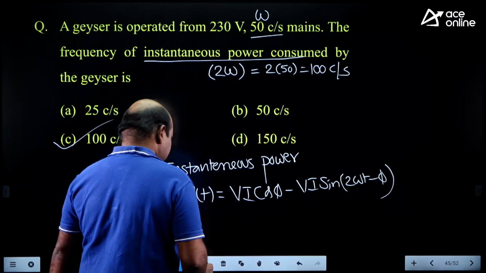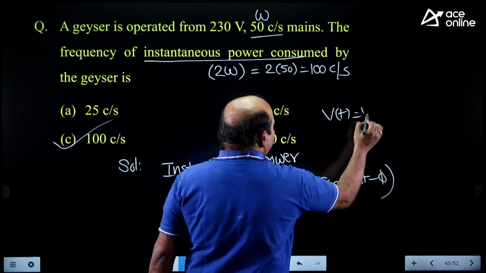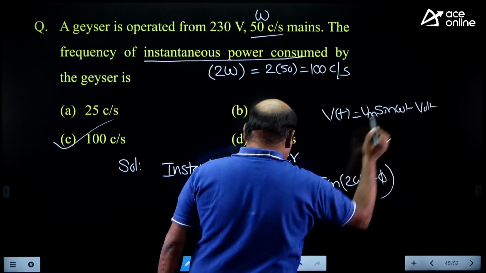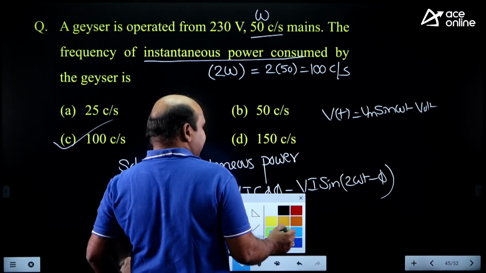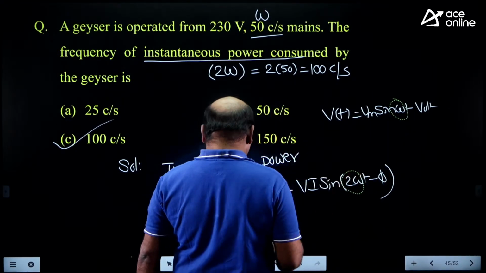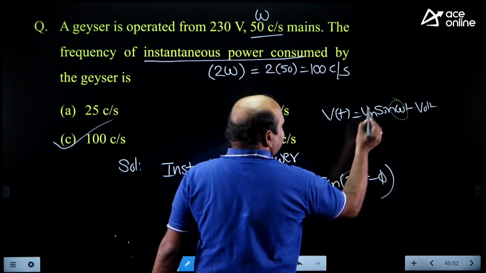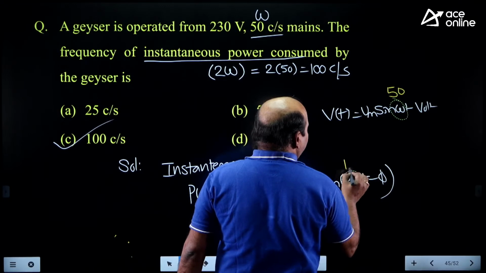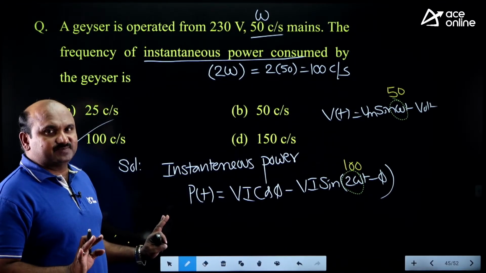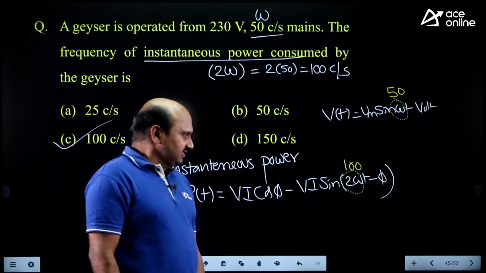When v of t has supply frequency omega, the instantaneous power frequency is 2 omega. That's why, if the supply is 50, this will be 100. Are you getting this? This is the expression you should remember.